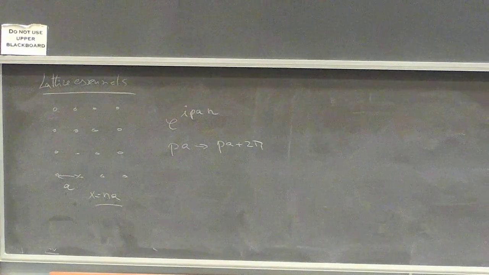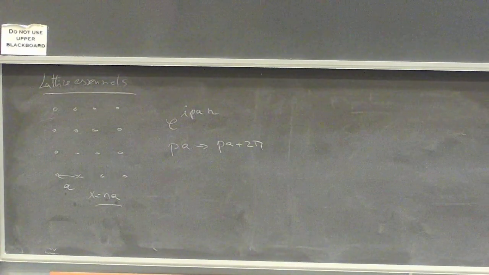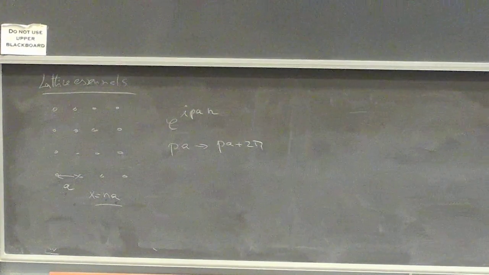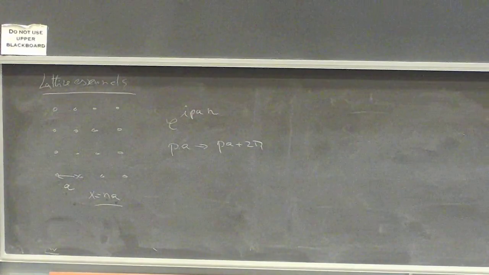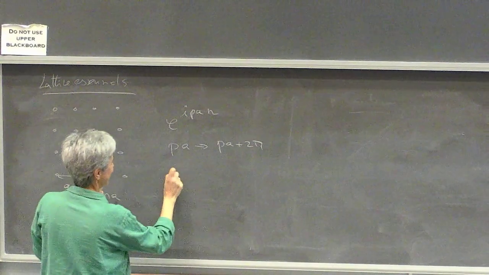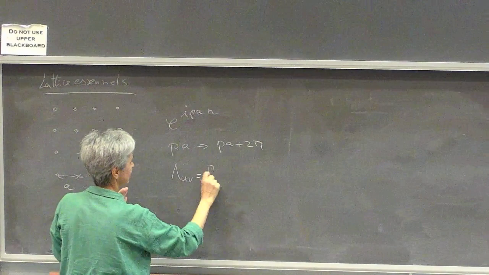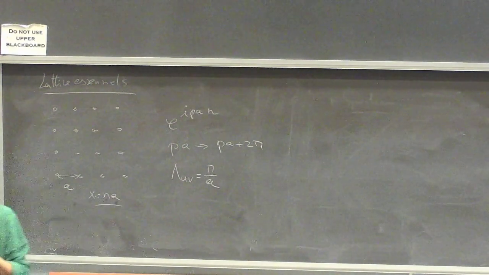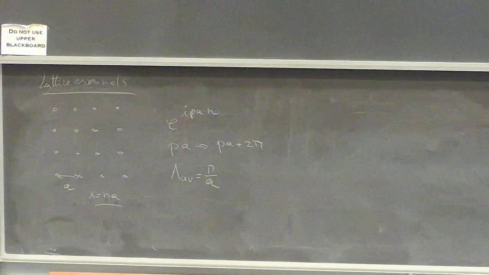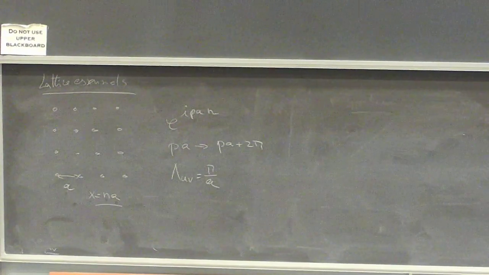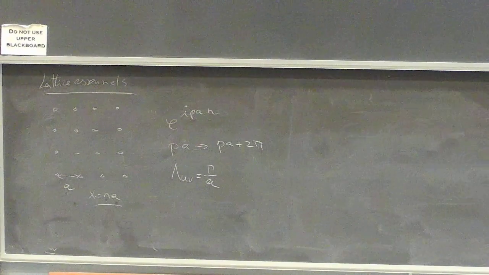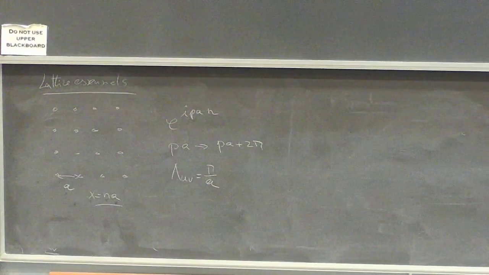So the momenta are limited to live in a box, which is called the Brillouin zone, which sets an ultraviolet cutoff given by pi over a, right? So all momentum integrals are cut off at pi over a, and this is the regulator. This is how the lattice provides a regulator.